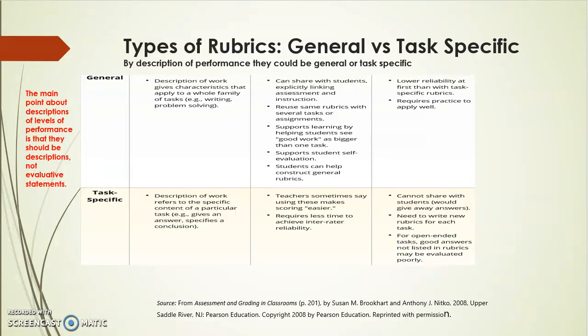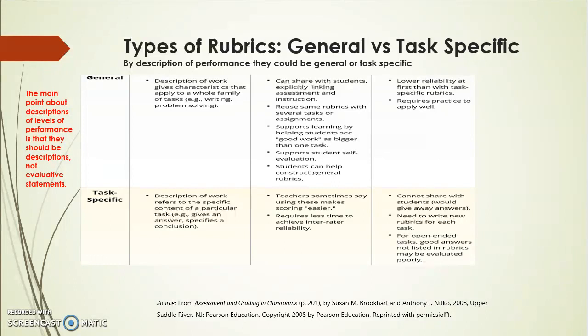The main point about descriptions of levels of performance is that they should be descriptions, remember, not evaluative statements. In this table also you can see some of the advantages and disadvantages, but the general is more recommended, because you can share this with the students, and you can reuse them in several tasks, not only one.